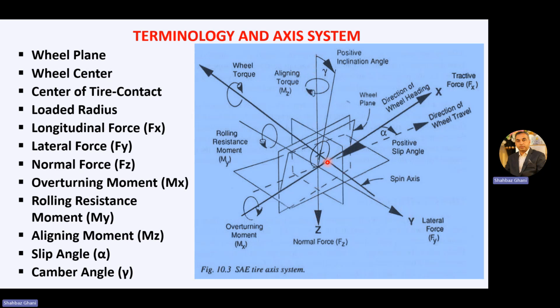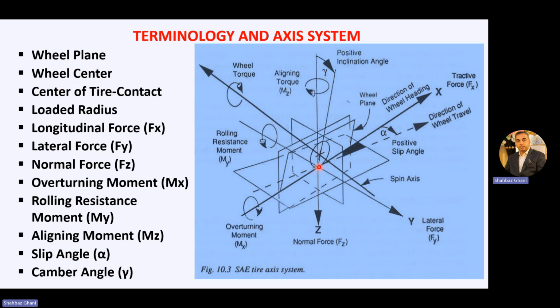But due to toe in, toe out, caster and camber steering geometry, the direction of the wheel is like this. So the angle is the positive slip angle, alpha. So we have made the wheel plane, the positive inclination angle, camber angle gamma, and the positive slip angle, the direction of wheel.